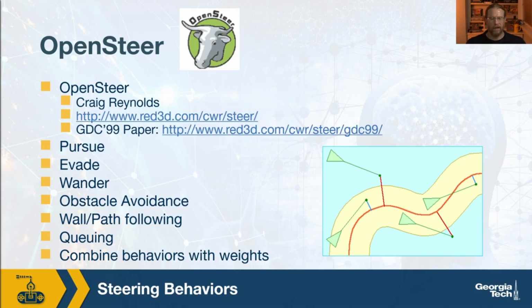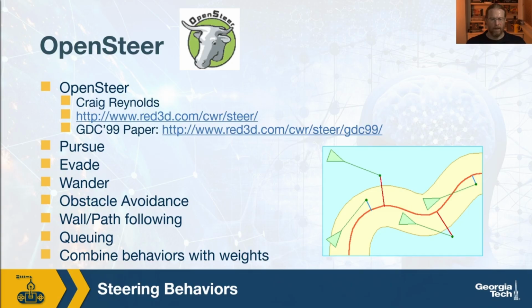And OpenSteer has been around for a long time as a very popular project to port to different languages. So if you're not interested in the C code, you can find it ported to Java, C#. I think there's even some of the code that has been ported to Unity somewhere I've seen before. I think it's in JavaScript, all sorts of different implementations of the OpenSteer project. And there's demonstrations of all of the steering behaviors that we've talked about pretty much that you might find interesting.